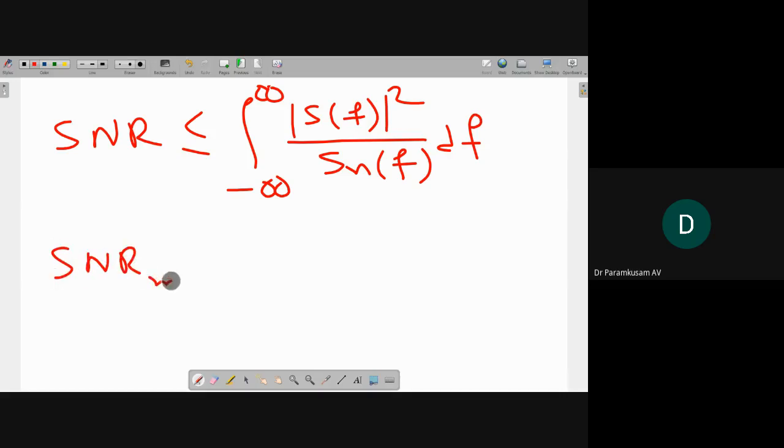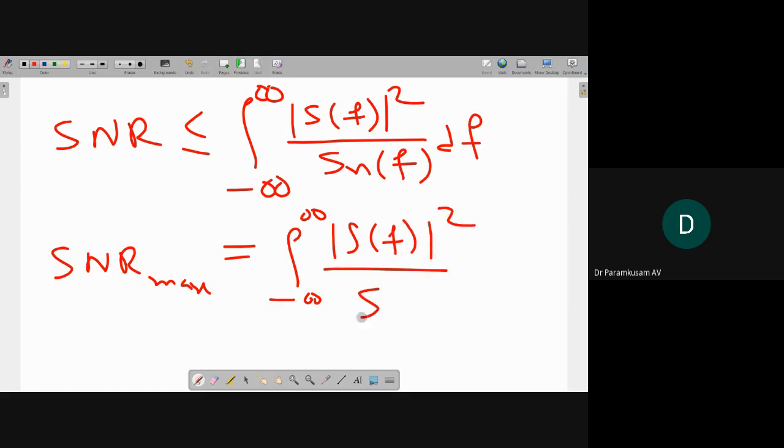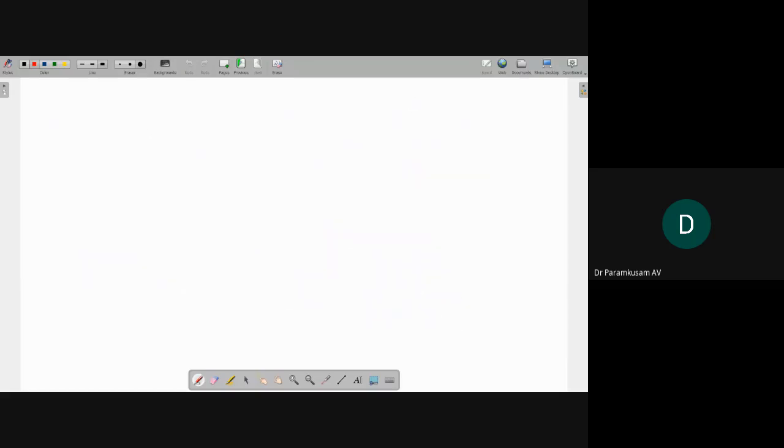SNR maximum is equal to, instead of less than or equal to, we write equal to the integral from minus infinity to plus infinity of mod S of f whole square divided by Sn of f, df. Okay. Right.